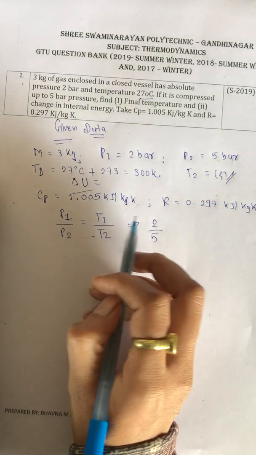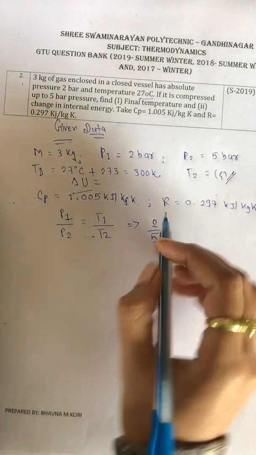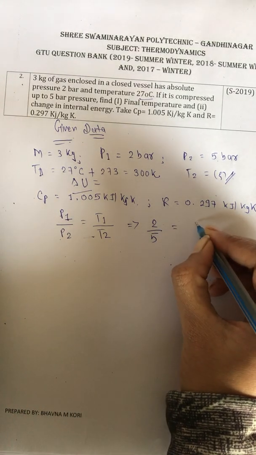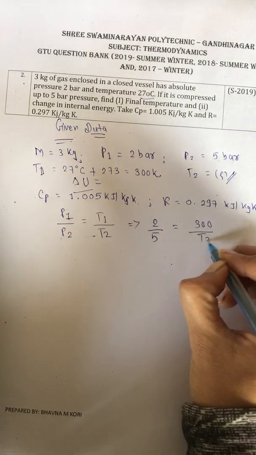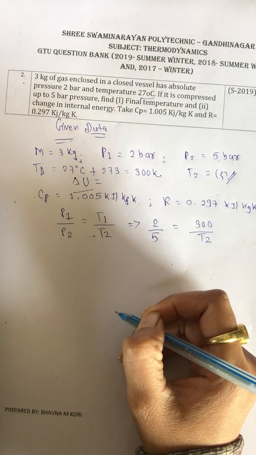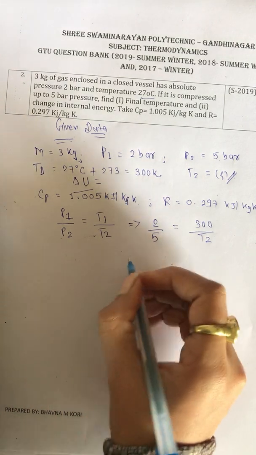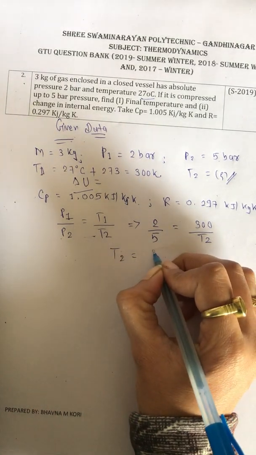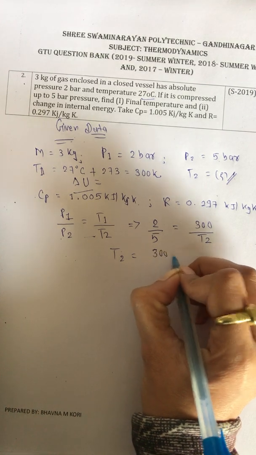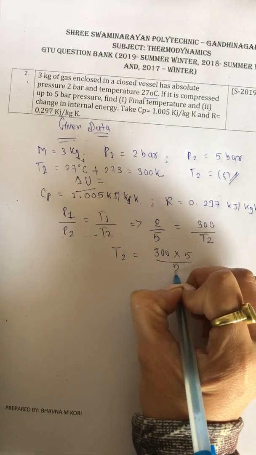P1 is 2, P2 is 5, T1 is 300 Kelvin, and T2 we have to find. Now simplify this equation. T2 is equal to 300 multiplied by 5 divided by 2.